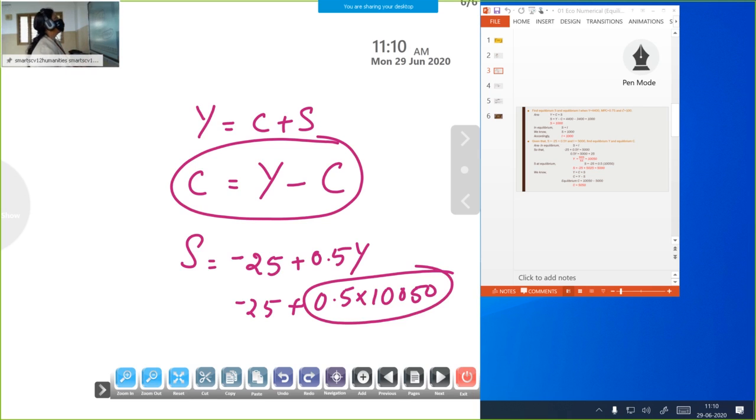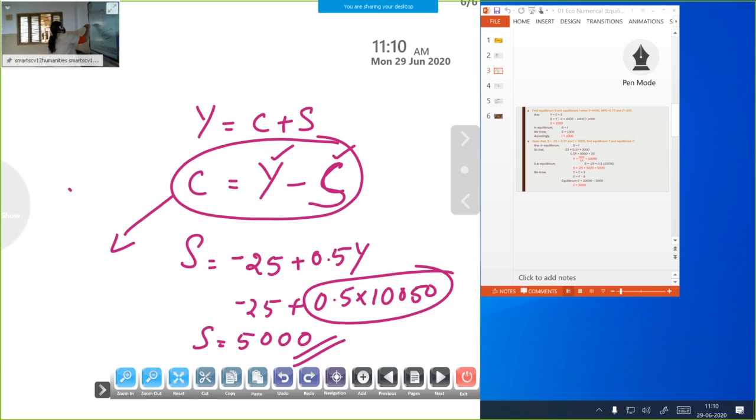From there we are getting saving is equal to 5,000. Calculation and all you have to do. Saving is equal to 5,000. Then substitute. We are getting C is Y minus S. Y we got and S we got. Substitute. While substituting we will get 5,050. Okay.